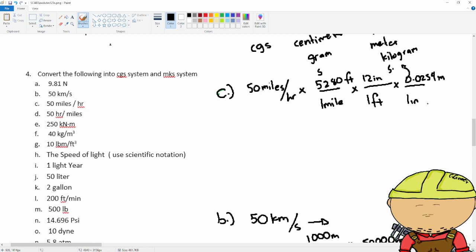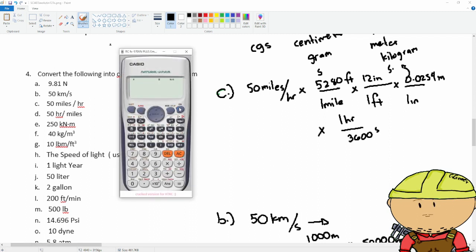Then, because hour is at the bottom, 1 hour is 3,600 seconds. Use calculator: 50 miles times 5,280 times 12 times 0.0254 divided by 3,600.